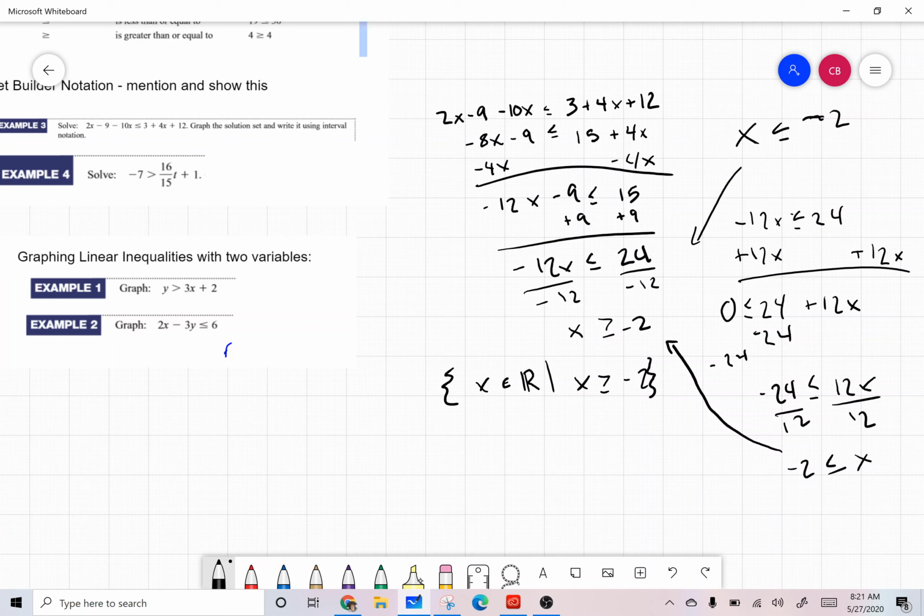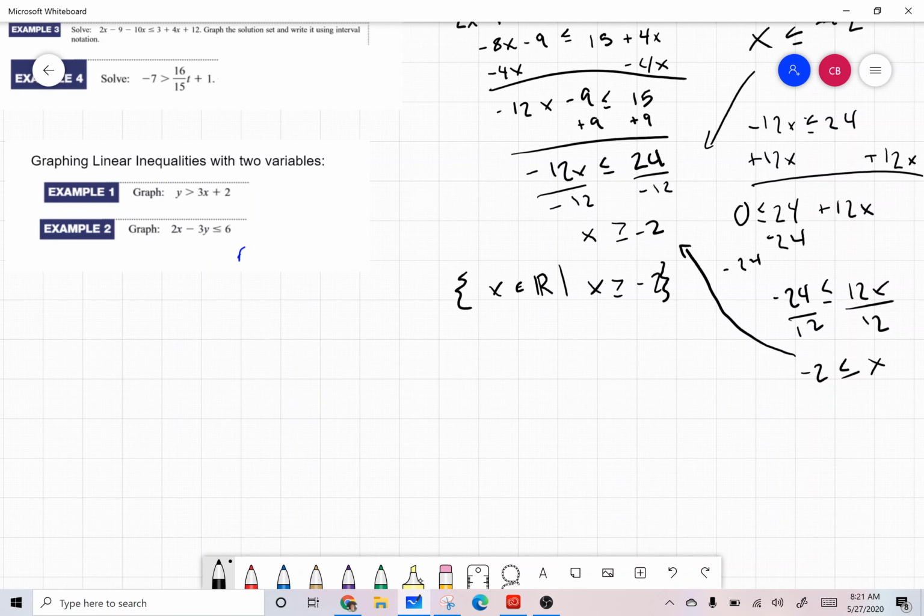And that would be your set builder notation. Next, we have the following. This part, you just basically write what the inequality was. It just means x is in R, it's a real number, such that x is greater than or equal to negative 2. That's just another way of writing it.